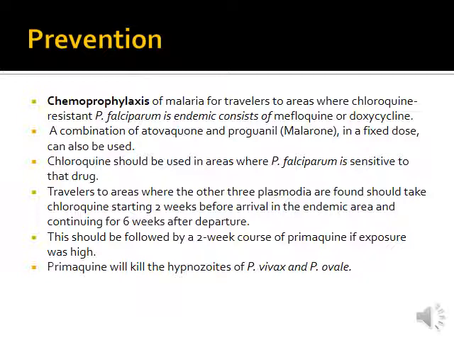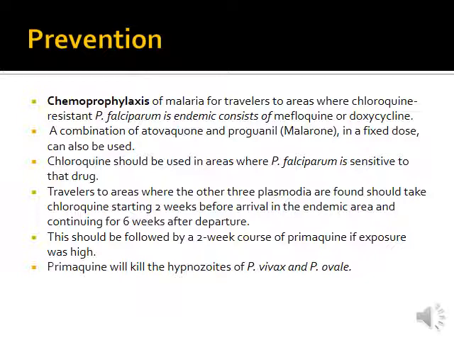In addition, a combination of atovaquone and proguanil in a fixed dose can also be used in place of chloroquine and mefloquine. Chloroquine should be used in areas where Plasmodium falciparum is sensitive to that drug.